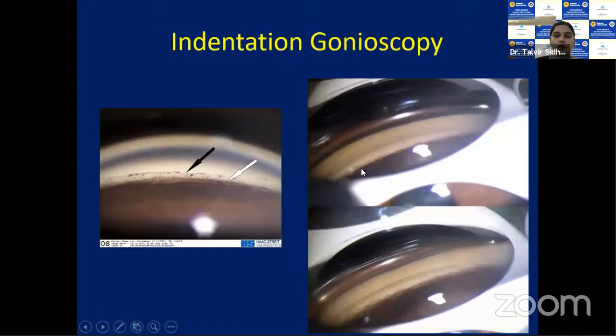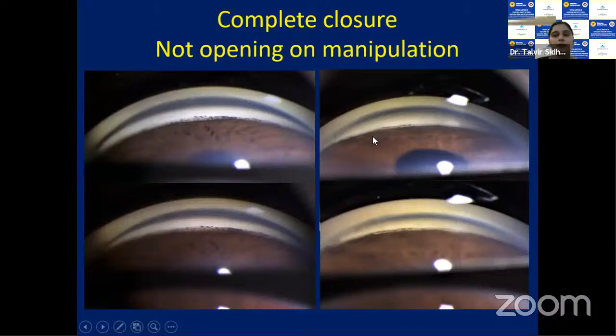So here you can see that while looking in a primary gaze, the iris is actually in touch with the trabecular meshwork, but when you indent and push the aqueous into the angle using your gonioscope, which is a 4-mirror gonioscope, you can see the trabecular meshwork and the scleral spur. Sometimes when there is complete synechial angle closure, the angle does not open up on manipulation or on indentation. These are the people who usually have very high IOPs in the ranges of 40 to 50 and advanced angle closure glaucomas.